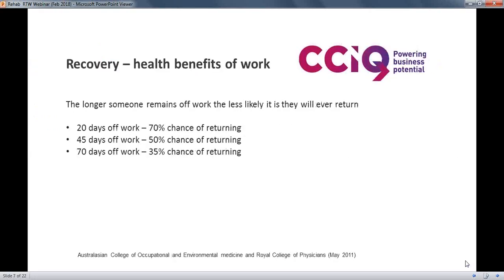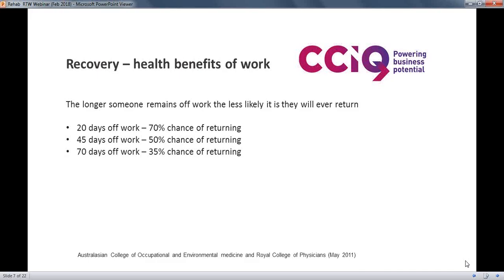So in terms of the research in this area and health benefits of returning to work, there is a body of evidence, and I've referred here to the Australasian College of Occupational and Environmental Medicine and the Royal College of Physicians. The data is from May 2011, which is still current today.